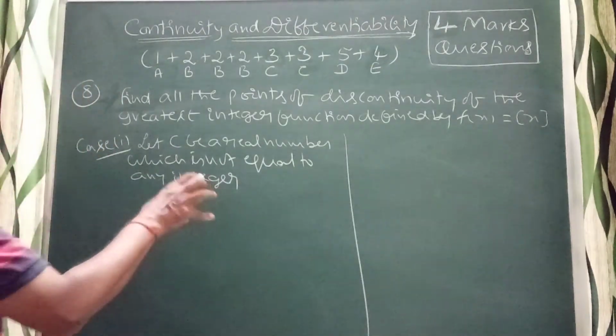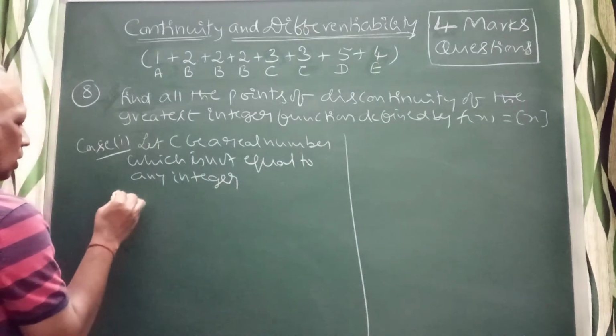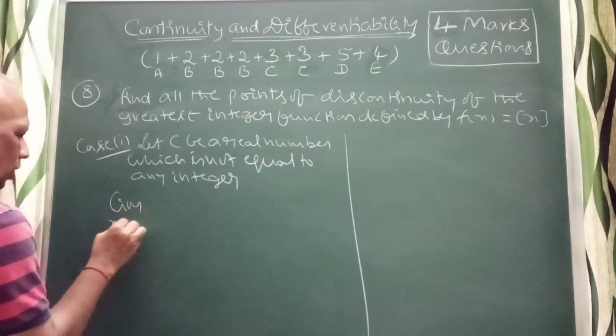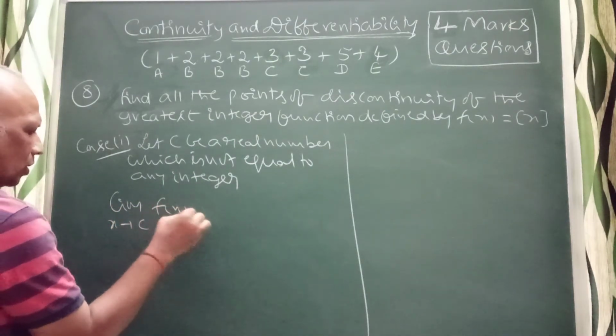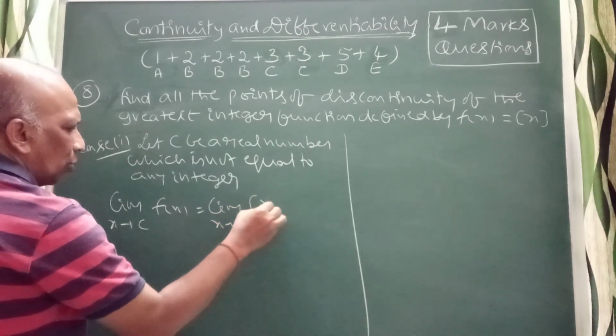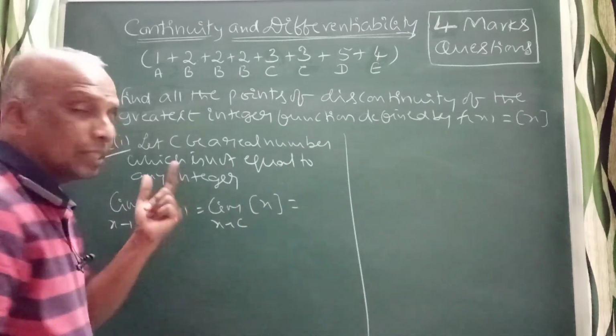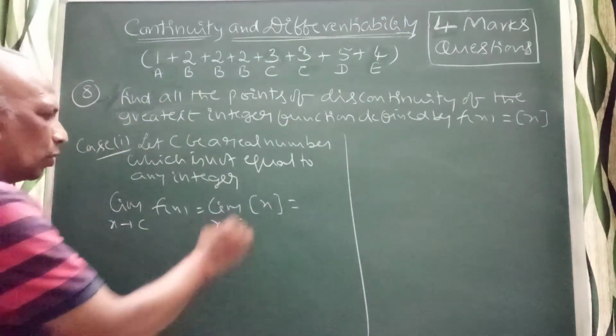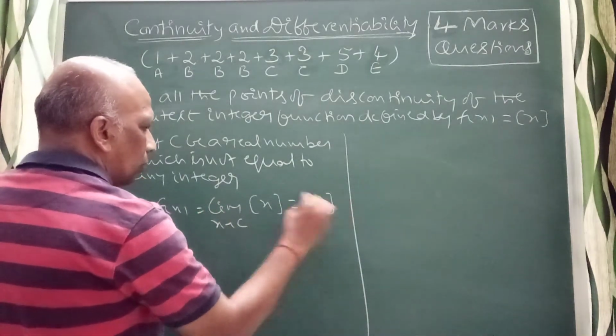Then if you take it like this, now definitely I can define the function. Limit x tends to c of f of x means step x, right? Since it's a real number but not an integer, you will get step of c.